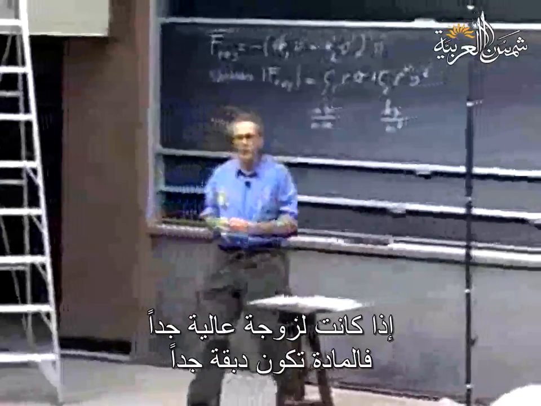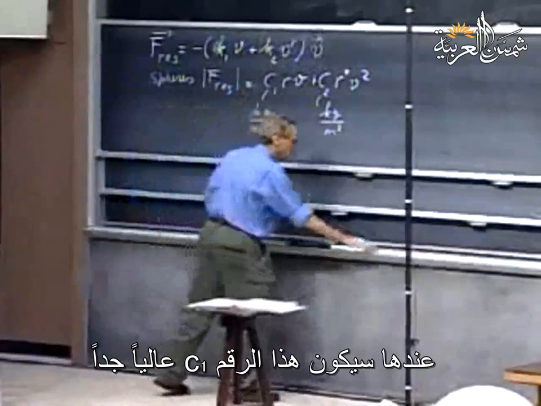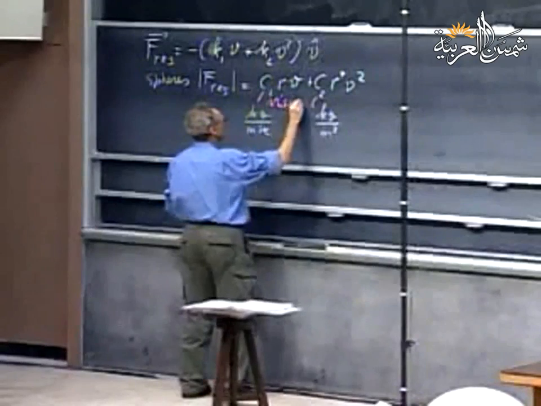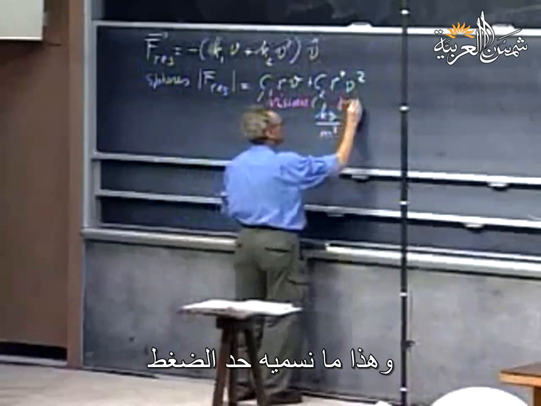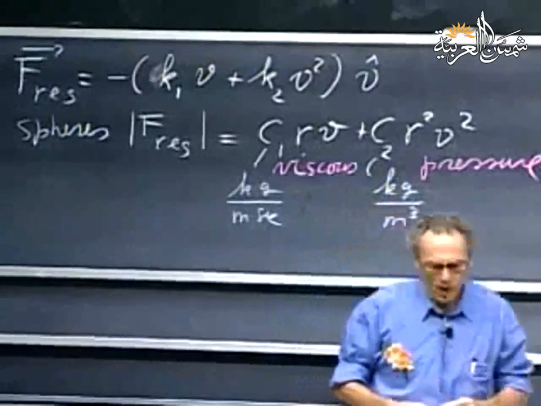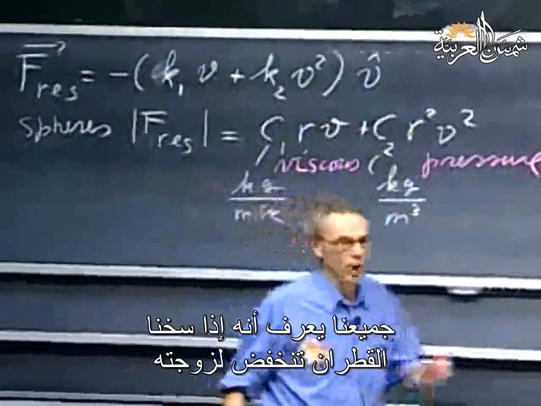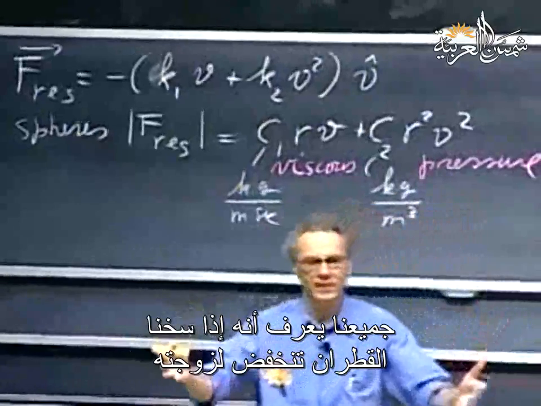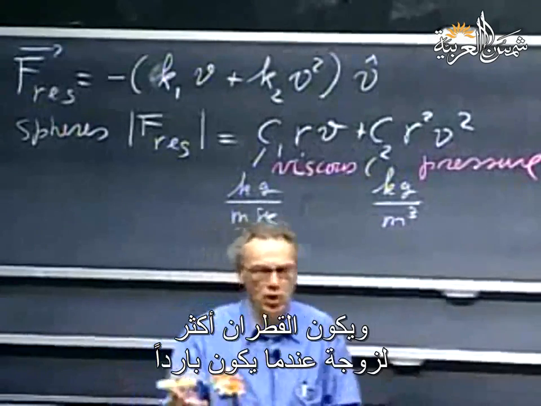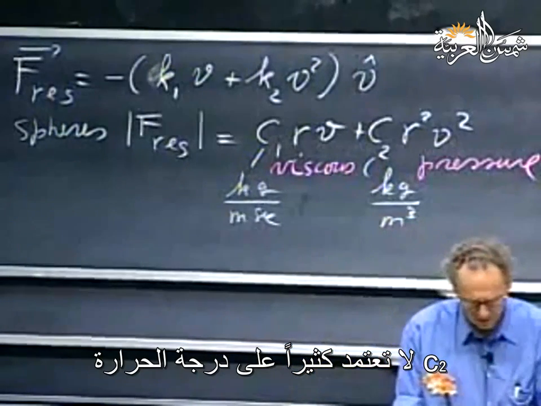If you have a high viscosity, it's very sticky, then this number C1 will be very high. The C1 is a strong function of temperature. We all know that if you take tar and you heat it, the viscosity goes down. It is way more sticky when it is cold. C2 is not very dependent on the temperature.